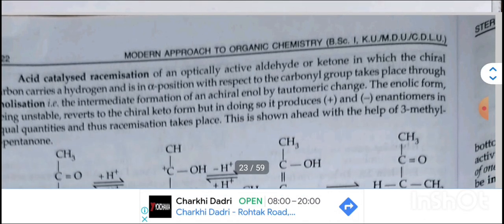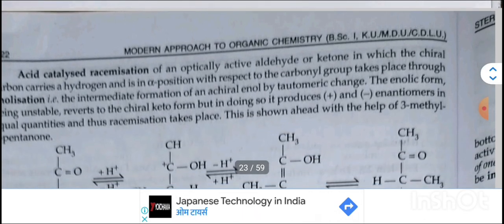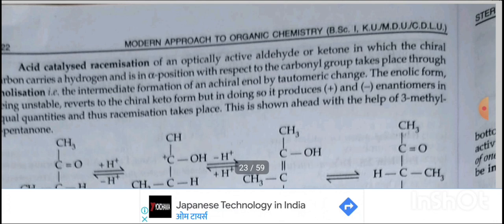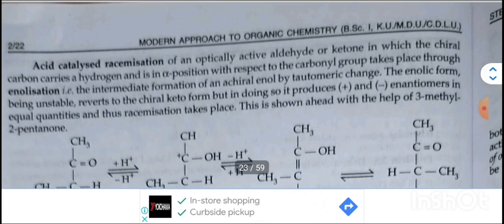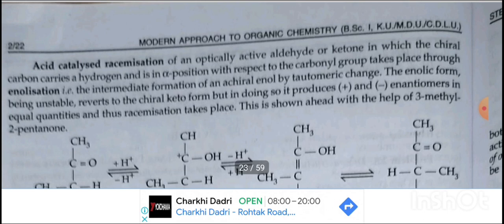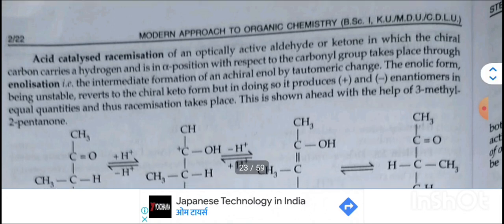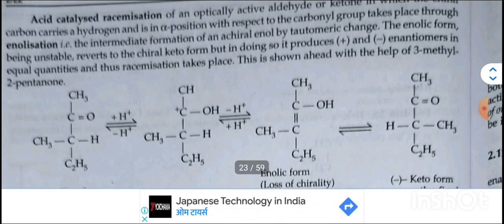Acid catalyzed racemization of an optically active aldehyde or ketone, in which the chiral carbon carries a hydrogen at the alpha position with respect to the carbonyl group, takes place through enolization. Intermediate formation of achiral enol occurs by tautomeric change. The enolic form, being unstable, reverts to the chiral keto form, but in doing so it produces plus and minus enantiomers in equal quantities, thus racemization takes place.